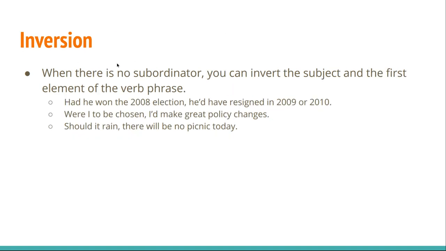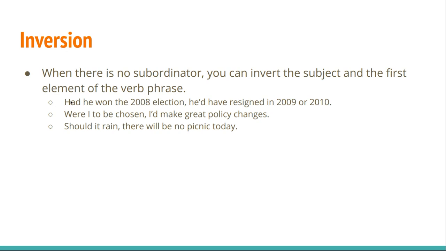And then just a note on inversion. When there is no subordinator, like if, unless, as long as, for example, you can invert the subject and the first element of the verb phrase. So, had he won the 2008 election? He didn't. Now, if we had the subordinator, we would say if he had won, okay?